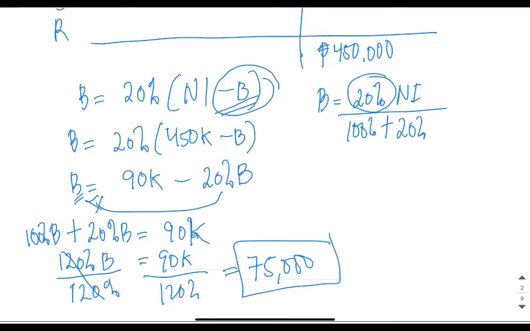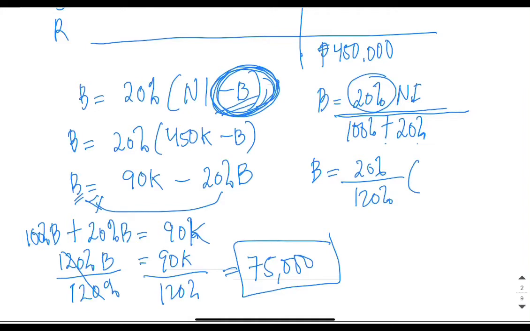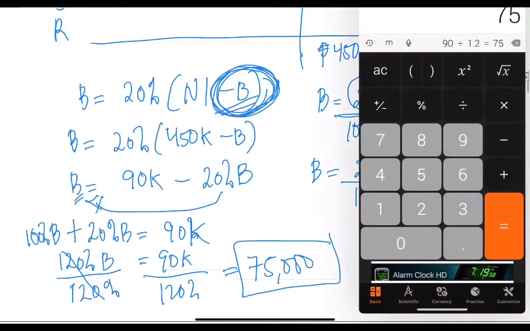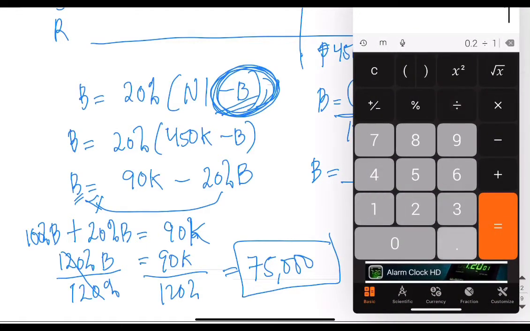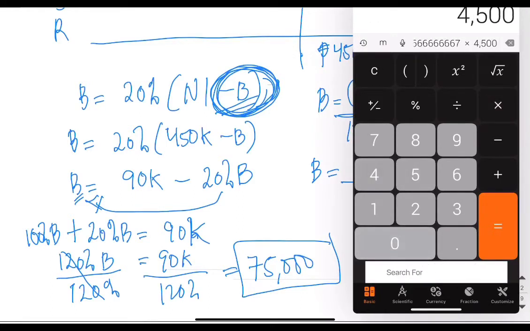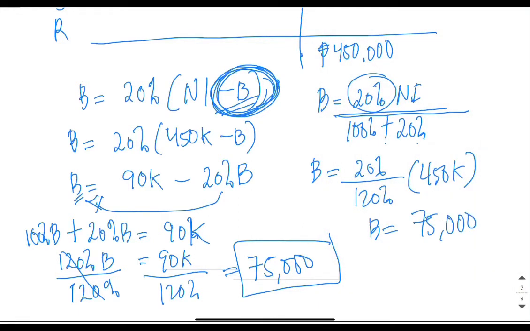So substitute 20% over 120% times net income. Your net income is 450,000. So here, we did not have to transpose the figures. So that is simply 0.2 divided by 1.2 times 450,000, and that will give us the same answer of 75,000. So that's how you eliminate this after bonus.